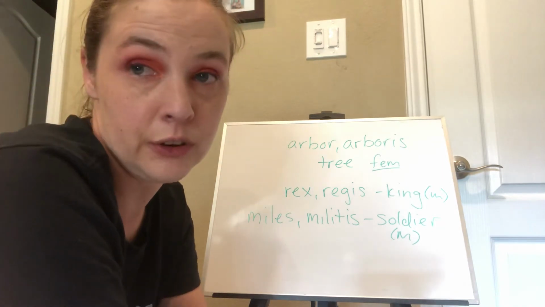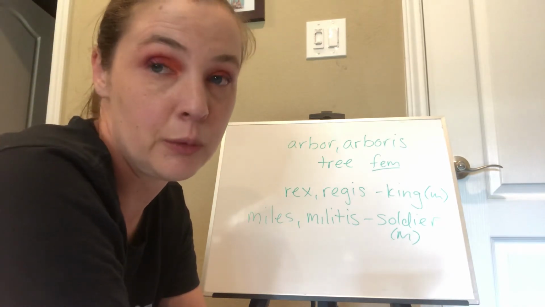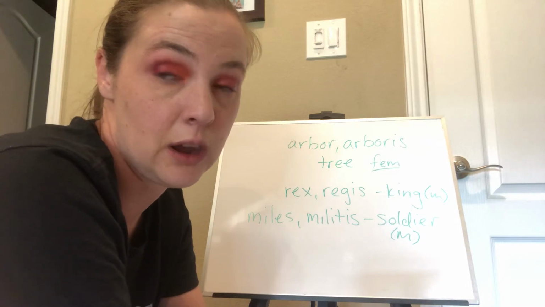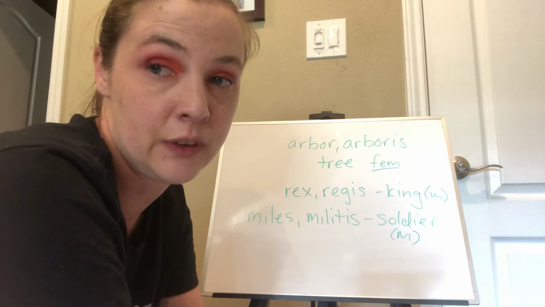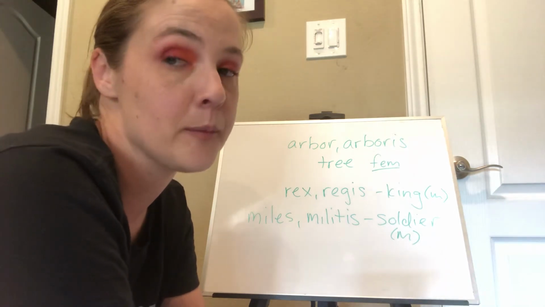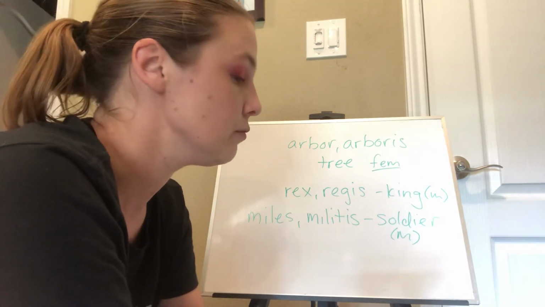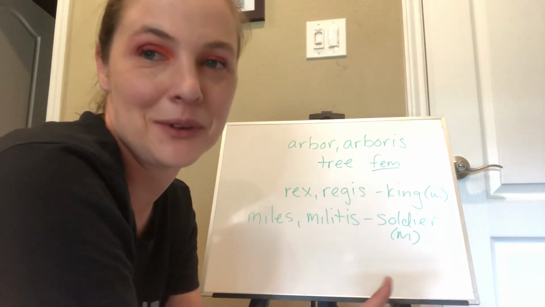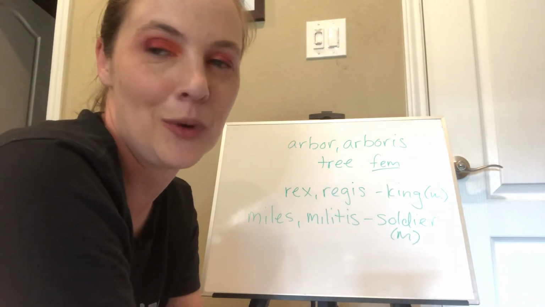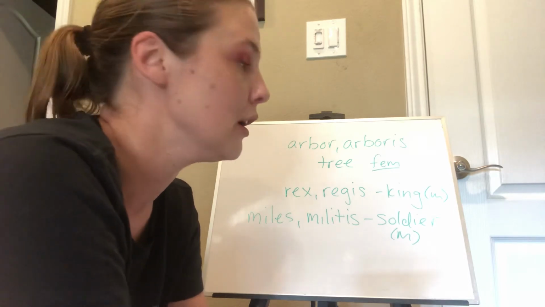But the neuters are a little different. You have your neuter rules that we talked about. The nominative and the accusative are always the same, and in the plural, the nominative and accusative end in A. Okay, we'll talk about that. And next time, I will actually think ahead and come up with words that you guys can work out, or sentences, or whatever.